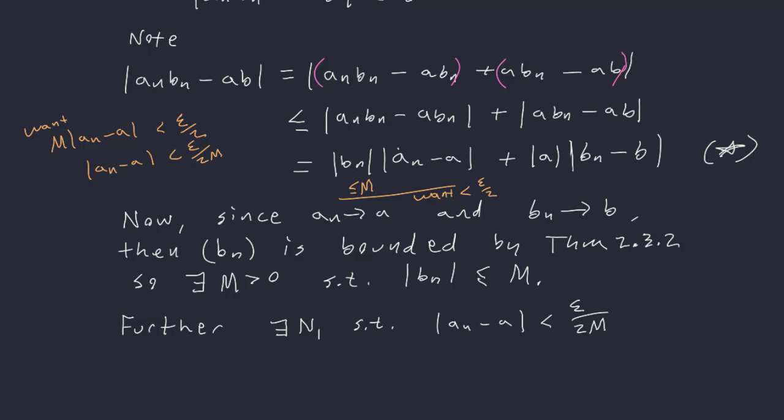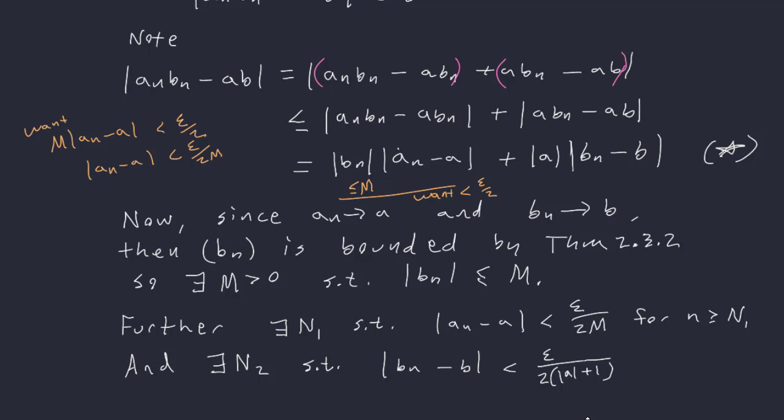Now, the next part, and this is, of course, for n greater than or equal to this capital N sub 1. And there exists an N sub 2 such that the absolute value of b_n minus b is less than epsilon over 2 times the absolute value of a plus 1, for n greater than or equal to N2.